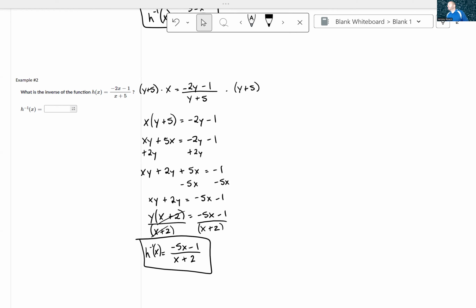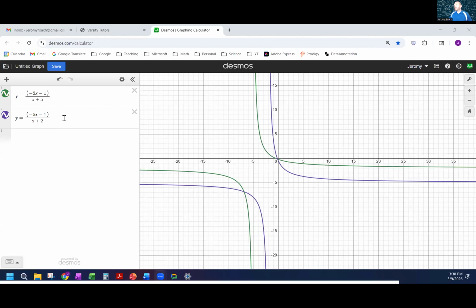So here's our original, and here's our inverse function. An inverse function gets reflected over the line y equals x. This is kind of a trickier example to look at with inverses because it's a rational function, but that's what the inverse would look like if we graphed it.